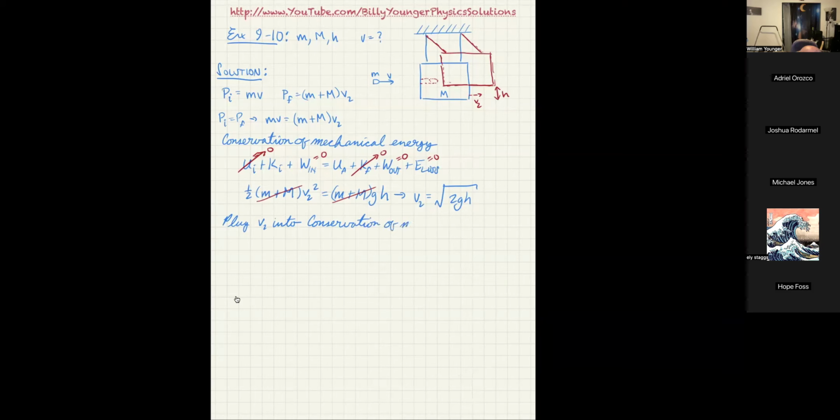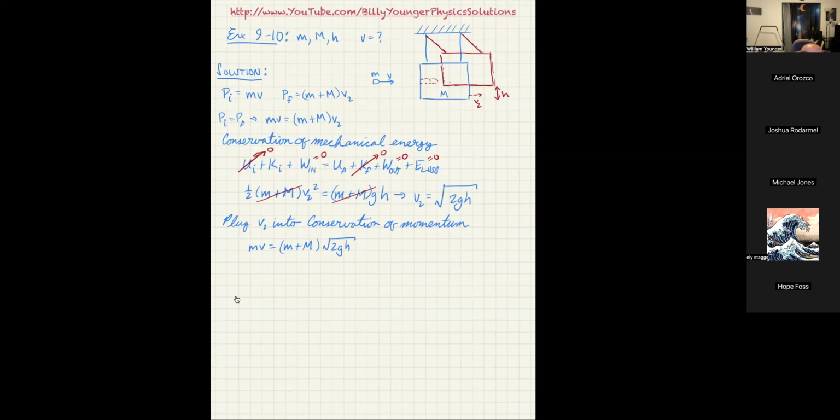So in doing that, we're now going to have mv is equal to (m plus M) times v2, but now we have v2 is equal to the square root of 2gh.